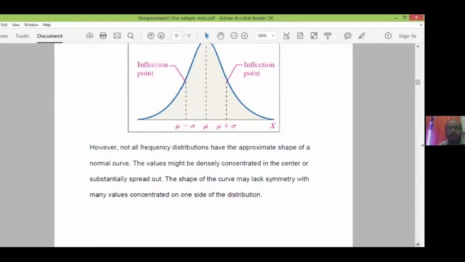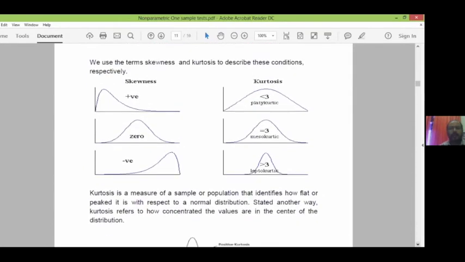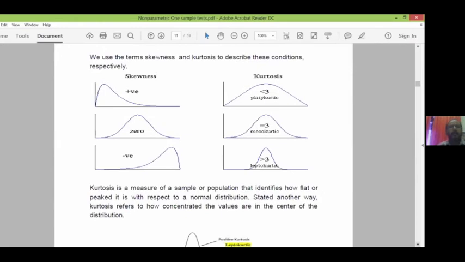However, not all frequency distributions have the appropriate shape of the normal curve. Okay, whatever data we have, not all frequency distributions. The values might be densely concentrated in the center or substantially spread out. The shape of the curve may lack symmetry, with many values concentrated on one side of the distribution. We use the terms skewness and kurtosis to describe these conditions respectively.